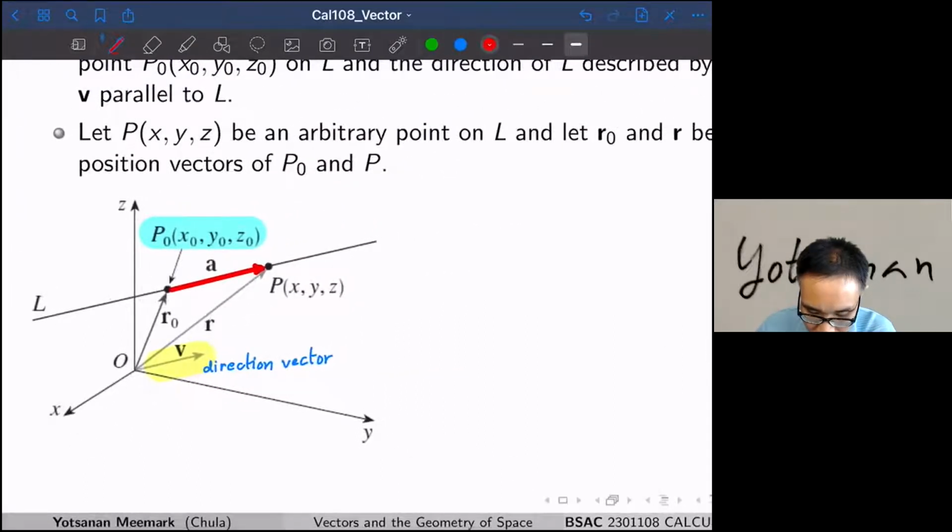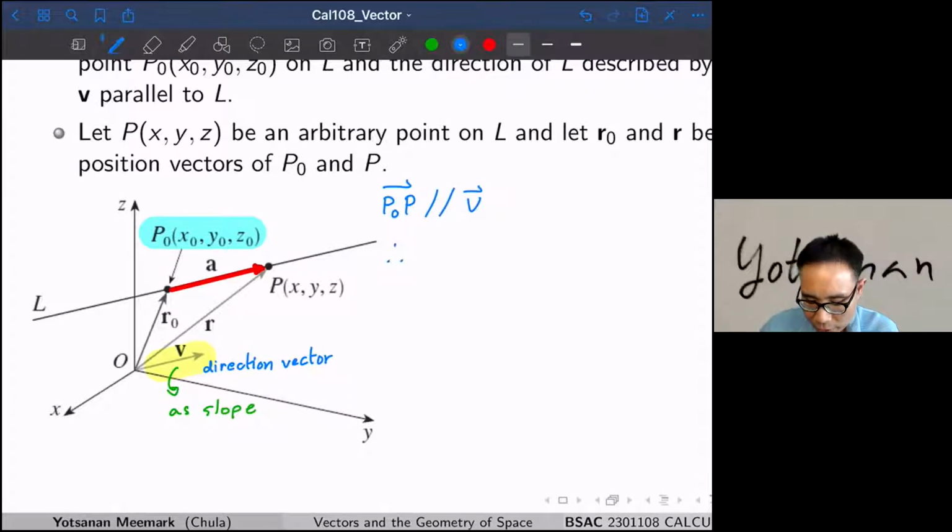So P0P is parallel with the vector v, and this will be used as the slope. However, in order to have the slope in three dimensions, we use a direction vector. So we have P0P parallel with vector v.